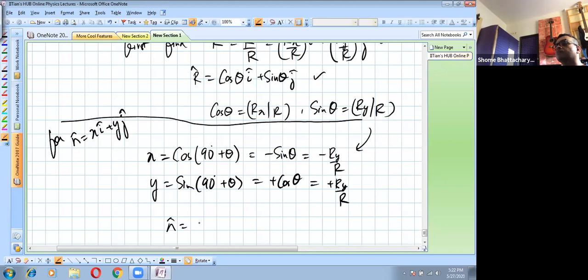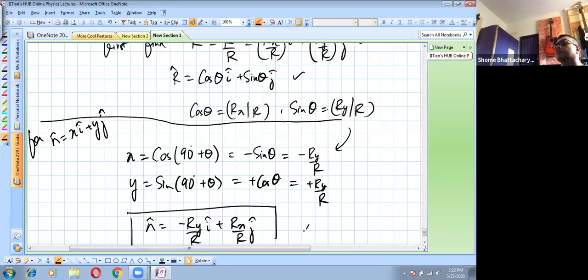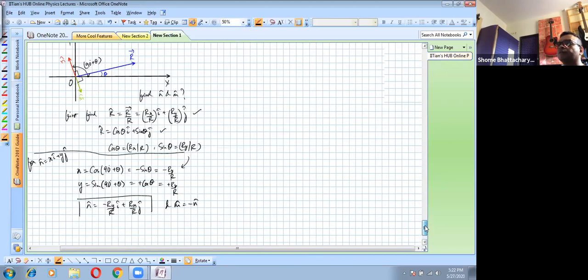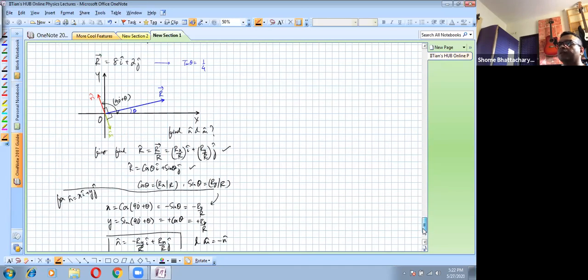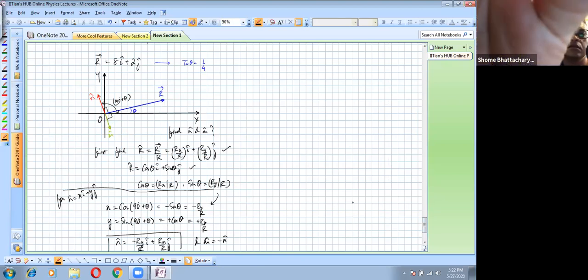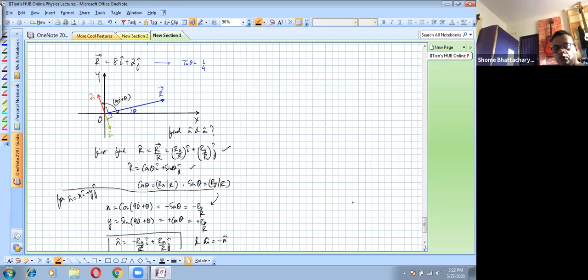It is minus ry upon r i cap plus rx upon r j cap. And if you look closely in the diagram, the other unit vector is just minus of this n cap because it's equal and opposite, so you don't need to calculate them separately. So this is how in a subjective situation we can calculate this by just using unit vector relations and components. Just make a note of this, people.